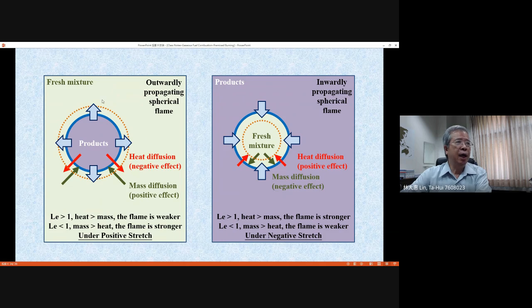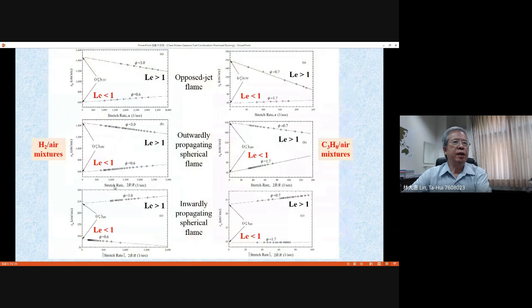For the left-hand side, this flame propagates outwardly under positive flow stretch, so its behavior should be the same as that for a premixed flame propagating in a stagnation point flow or opposed jet flow. This gives you the example for the case.